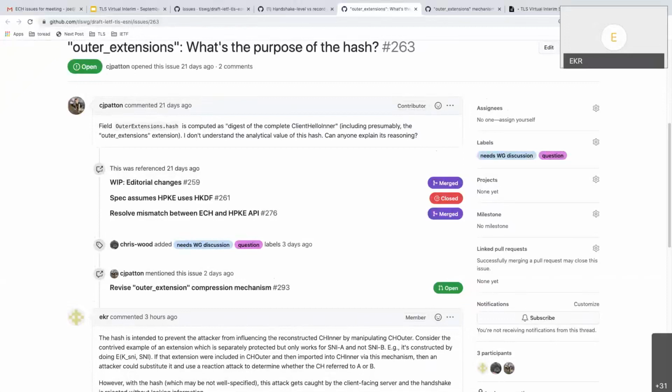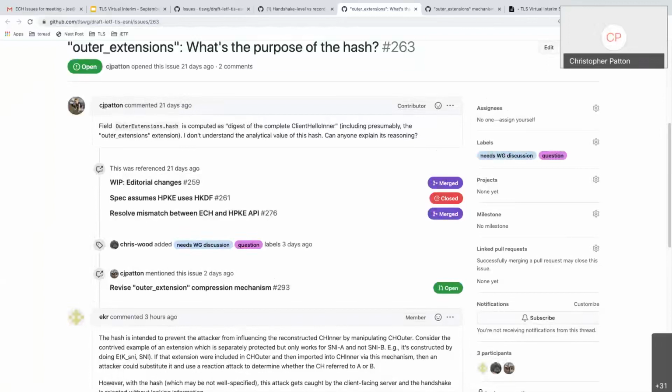So this is maybe nitpicky, and I don't really have a strong opinion about this at this point. I don't know that it's providing additional integrity, but it's kind of like encryption with associated data.